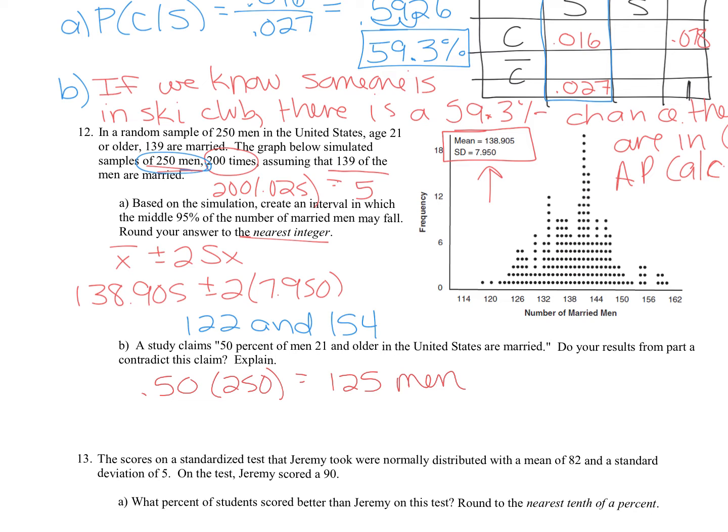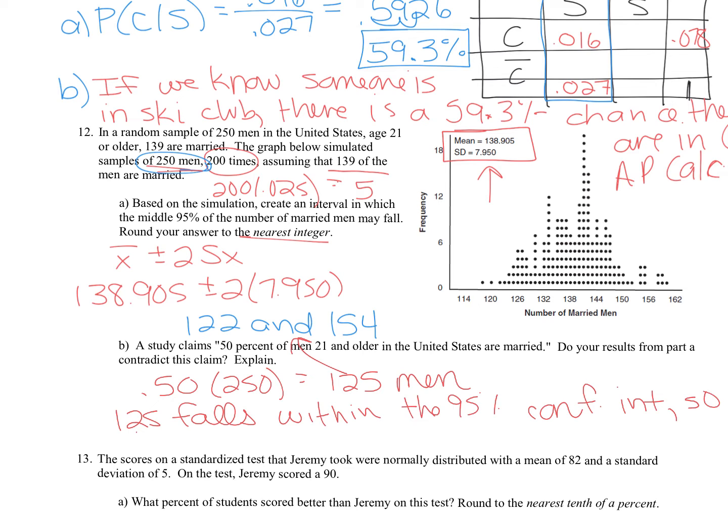So that 50% does fall in the confidence interval. So 125 falls within the 95% confidence interval. So this is not a contradiction.